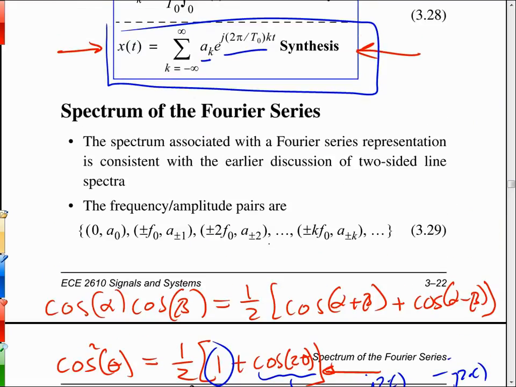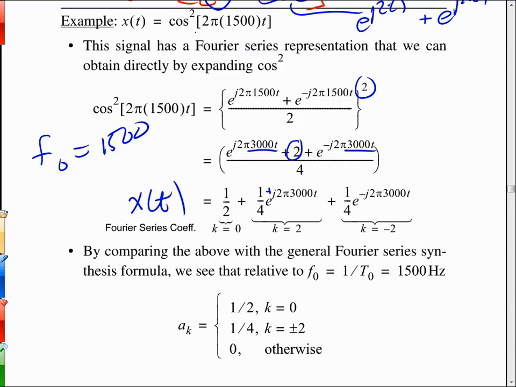It's got to just be this guy sitting right out in front of it, right? It just pops off the page at you, and you say, oh, that's the coefficient that goes with the k equal to 2 term. So that's the 1/4. And then at the minus second harmonic, k equal to minus 2, it's also 1/4.